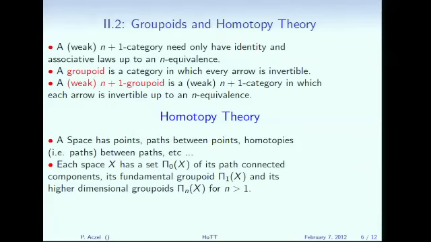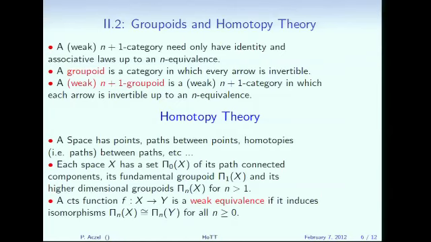In homotopy theory, with each space is associated the set of its path-connected components, and then at dimension 1 there's the fundamental groupoid. Traditionally, one talks about the fundamental group, but groupoids are much better in modern homotopy theory, it seems. And there are the high-dimensional groups, or here, the high-dimensional groupoids. The intuitions about this play a role in homotopy type theory.